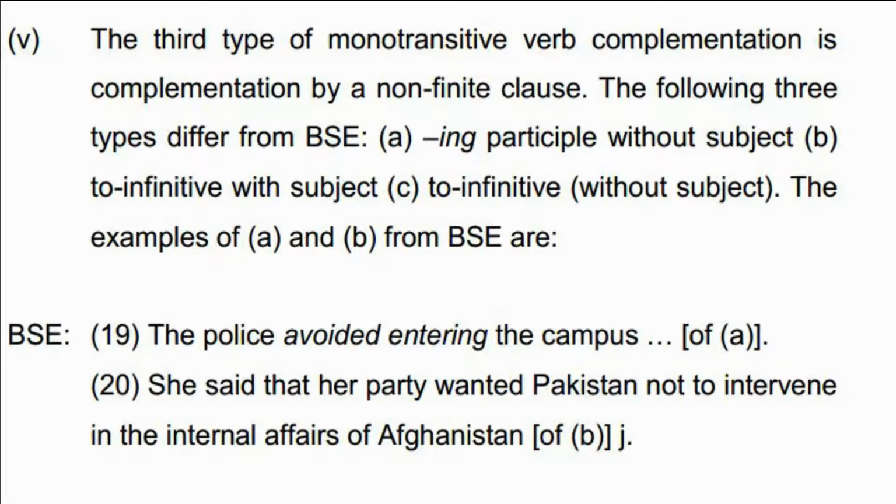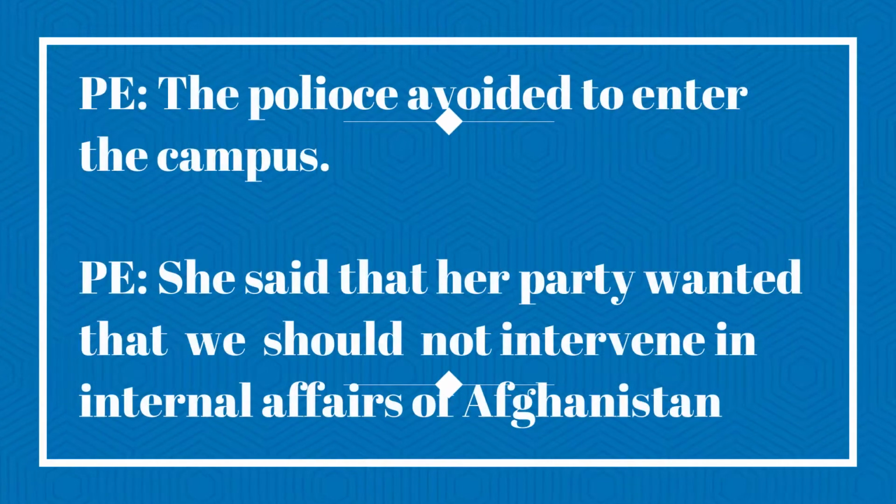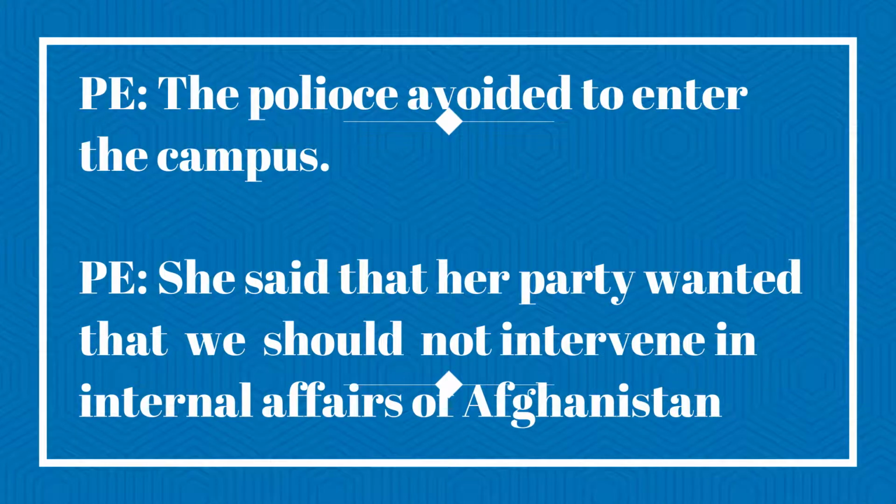She said her party wanted Pakistan not to intervene in the internal affairs of Afghanistan. In Pakistani English, it is: the police avoided to enter the campus. She said that her party wanted that we should not intervene in the internal affairs of Afghanistan.